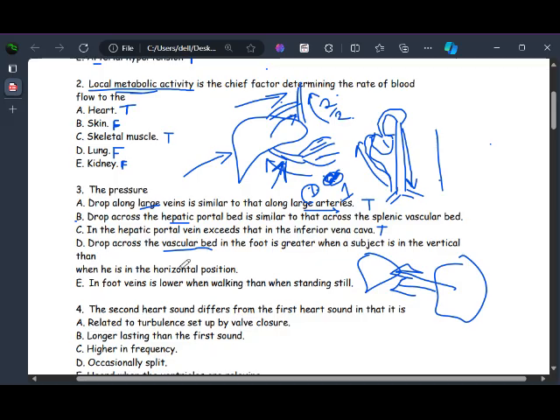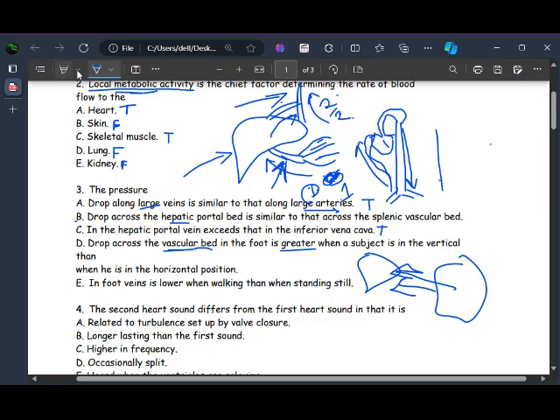So when you're standing up, the pressure drop is going to be similar for both the vascular and the arterial. So the vascular won't be greater. That's where this statement is wrong, because it's comparing against the arterial vascular bed and the venous vascular bed as well.